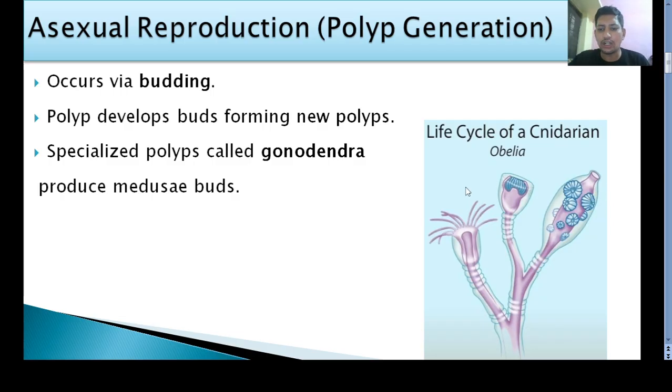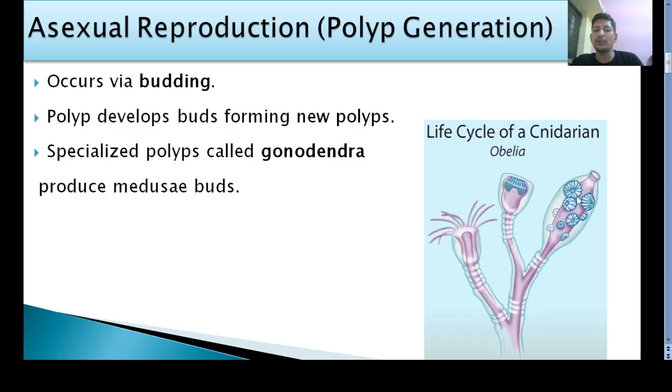Here this is a normal polyp. Here you can see some of the polyps produce the medusa. This is called gonodendra. Gonodendra means specialized polyps which produce the medusa. So this is all about asexual reproduction.